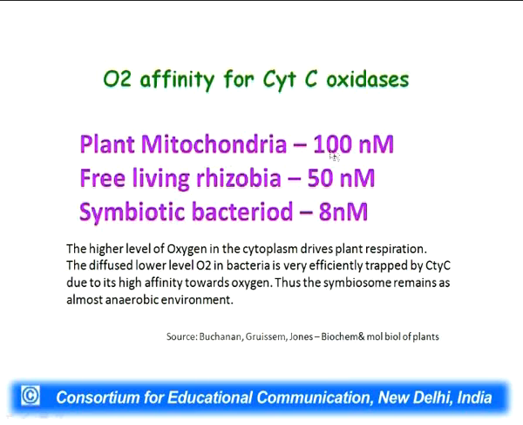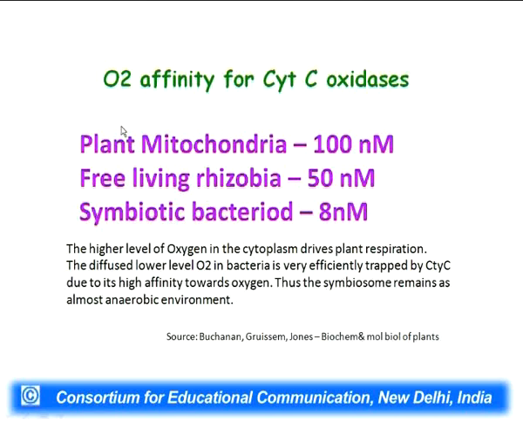the affinity is 100 nanomolar, whereas in the case of free-living bacteria it is 50 nanomolar, and in symbiotic bacteroid it is 8 nanomolar. The affinity is defined as the concentration of a substrate at which the reaction reaches a saturation level.